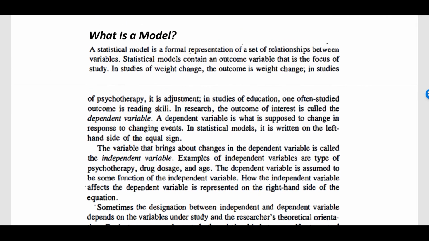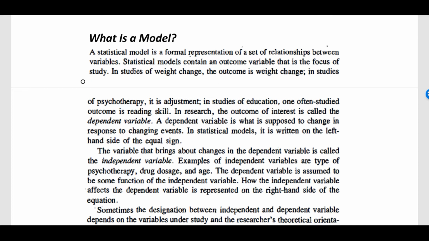So, what is a model? A statistical model is a formal representation of a set of relationships between variables. Statistical models contain an outcome variable that's the focus of the study. In studies of weight change, the outcome is weight change. In studies of psychotherapy, it's adjustment.